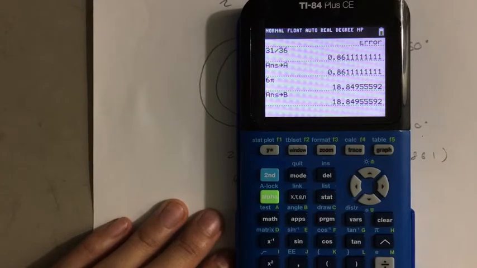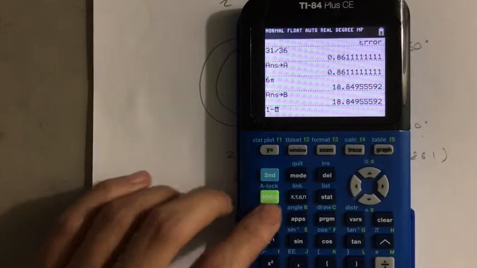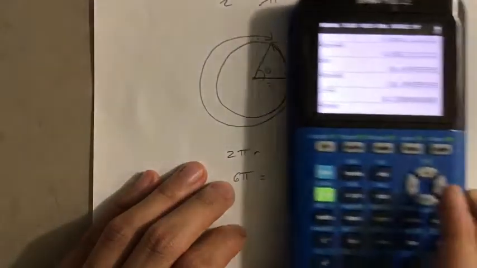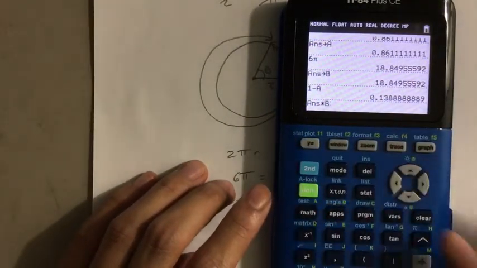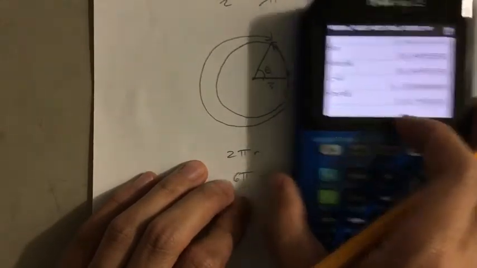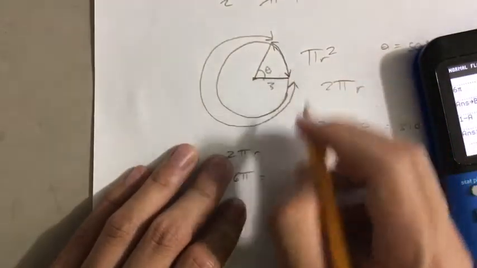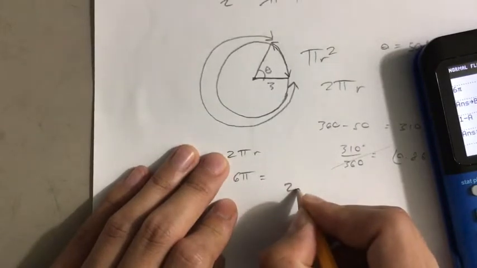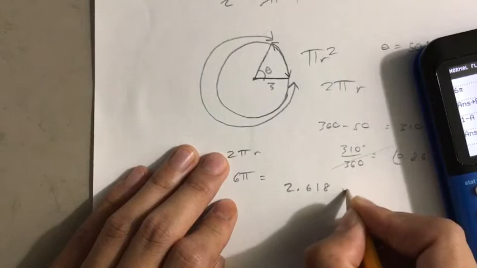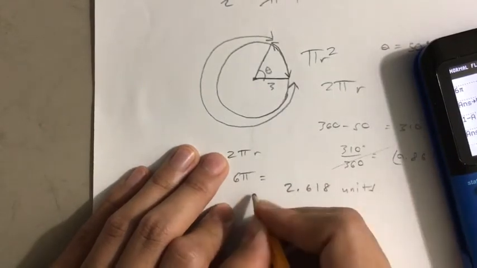So basically, I'm going to subtract a from 1, and then I'm going to multiply that by that circumference, 6 pi, so it's stored in b, and that'll give us that number. So the arc length, that arc length right there, is 2.618 units. So that's the arc length.